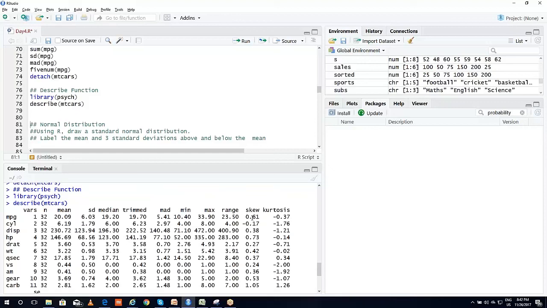So all are positive. Just for analysis, skewness, all are positive skewness except one which is negatively skewed, cylinder, that is negatively skewed. You should be able to imagine how a positive skewness will look like, and how a negative skewness will look like. With a negative skewness, the distribution will fan out towards the left. With positive skewness, the distribution will fan out more towards the right.